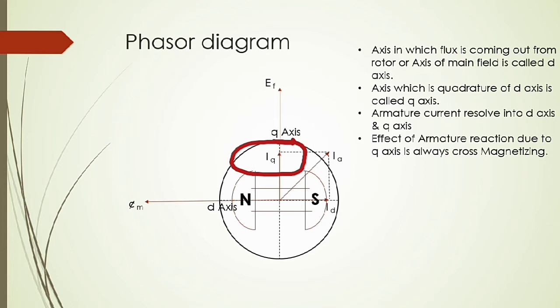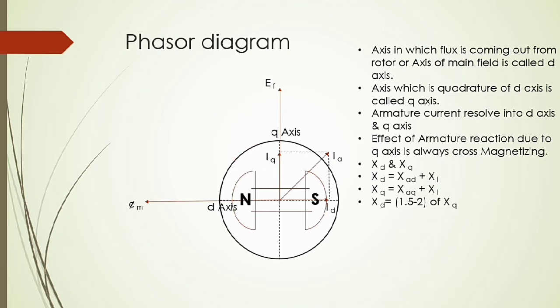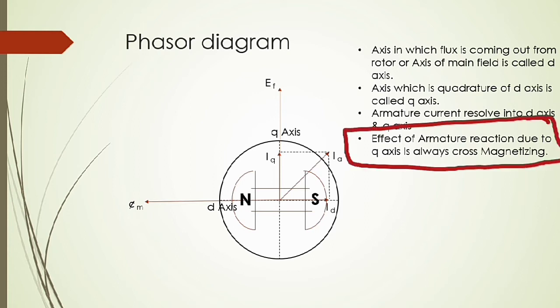This is an important point and we will have to note it down, because there are lots of questions in numericals also. We will see sometimes using this concept, so it is a very important point.